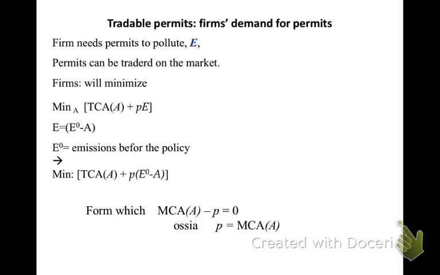The price of the permits must be equal to the marginal abatement cost. Following this rule, the firm chooses the optimal level of abatement. The firm trades off between abating and paying the taxes. So, as you can see, the model is formally the same as for the emission taxes.